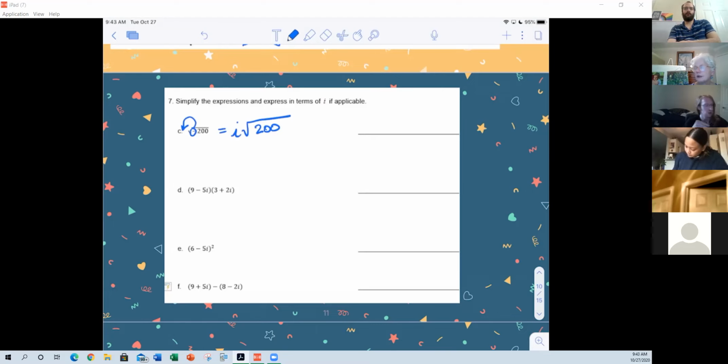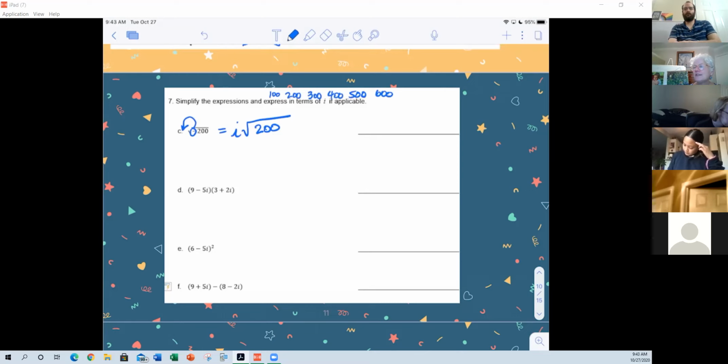If you have a 200 or a 300 or a 400 or a 1500 or a 1700, what's a perfect square inside of all of those numbers? What do each of those have in common that's a perfect square? Oh, good, Hunter, thank you.